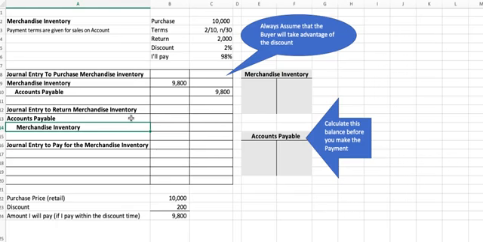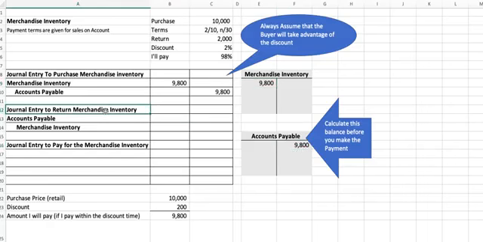So before I figure out the number that goes here, let's go ahead and fill in our T accounts from the first journal entry. There was a debit to merchandise inventory of $9,800 and a credit to accounts payable for $9,800. That means that now we have an asset, inventory, worth $9,800, but we also have a liability because we have to pay for that of $9,800.